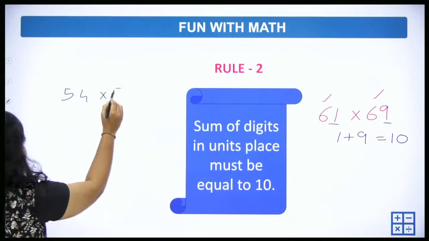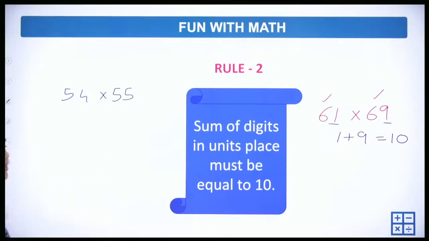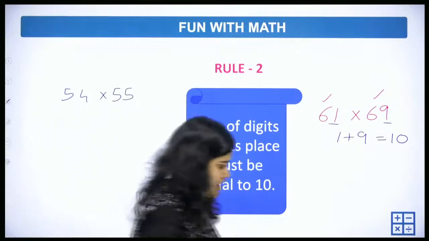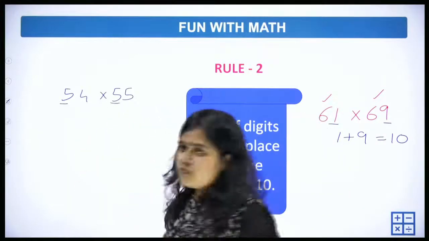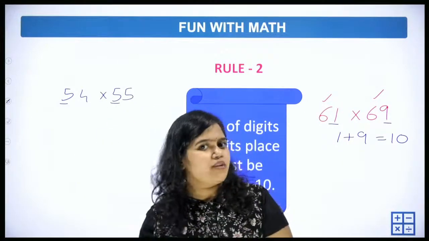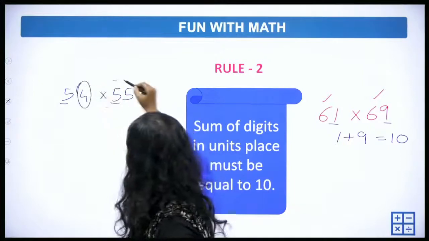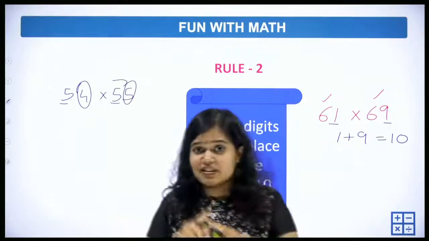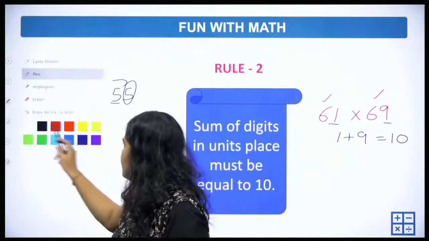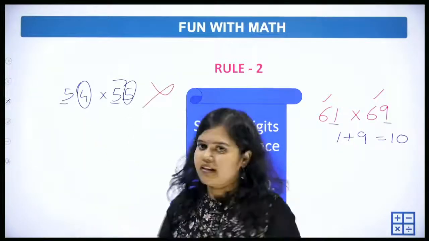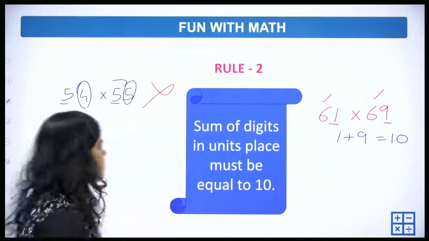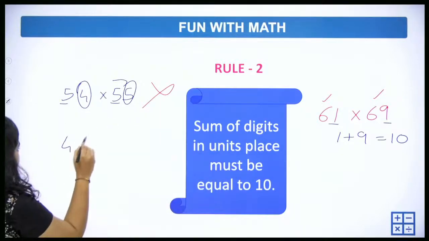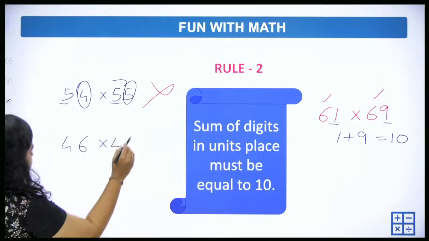54 into 55. So yes or no, can I use the trick we have used till now? Tens place we have same, but what about 4 plus 5? 4 plus 5 is 9. It's not equal to 10. So no, I cannot use the trick in this case. Let's go for the one more number. What about 46 into 44?